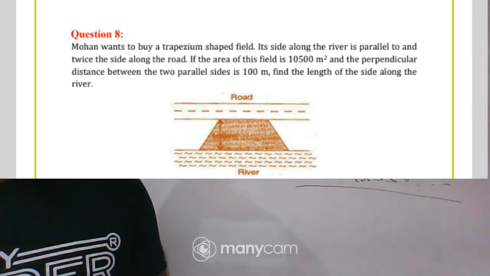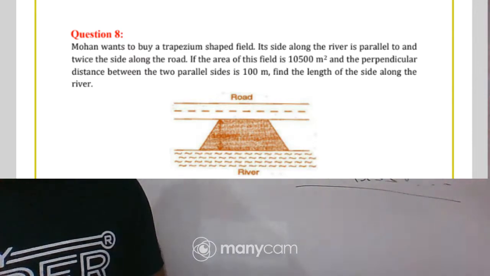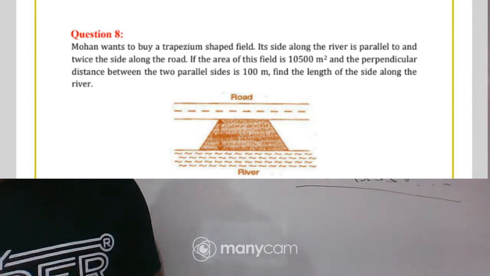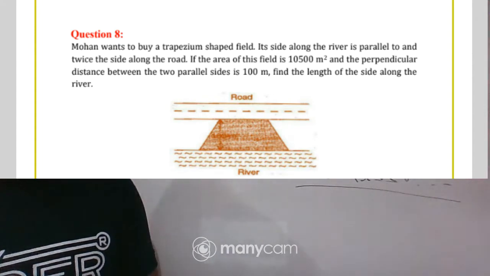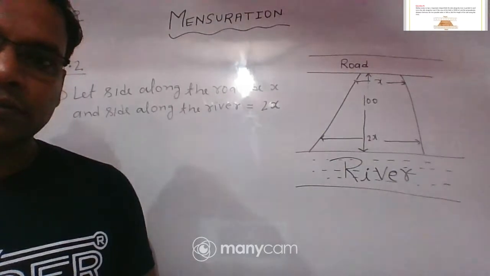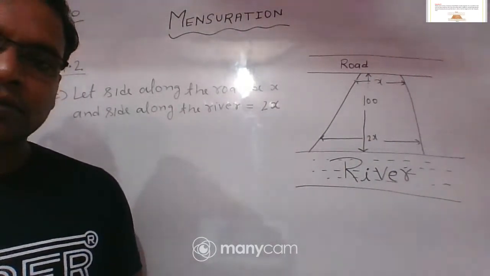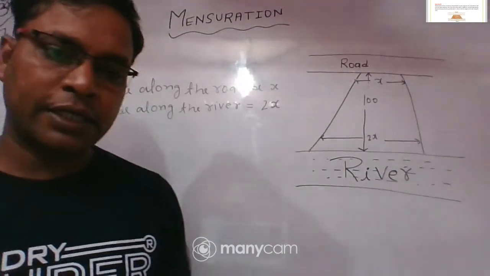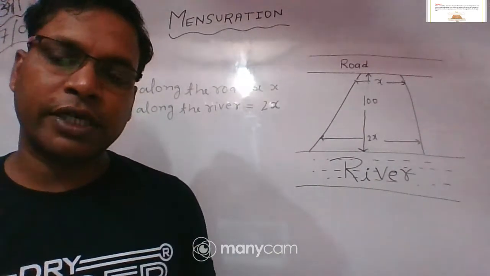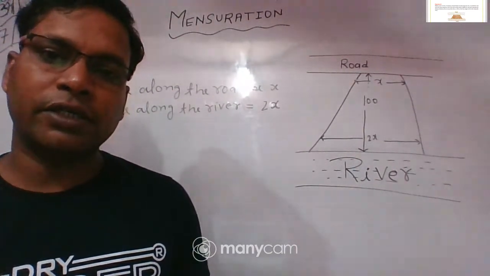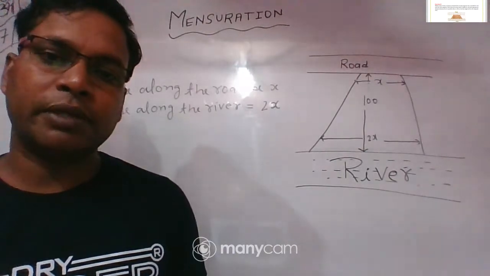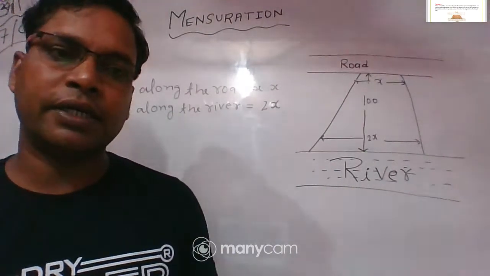So now let's solve this question. How to solve this? We let the road side be x and the river side be 2x, and the distance between them is 100.